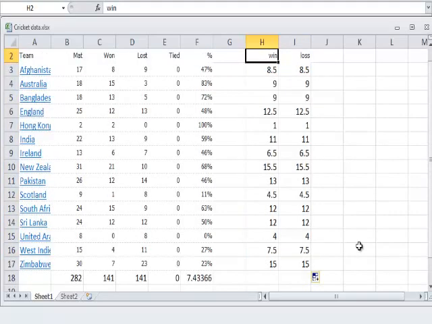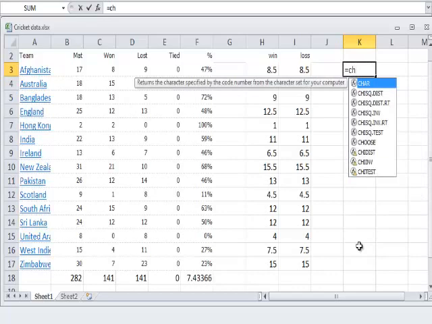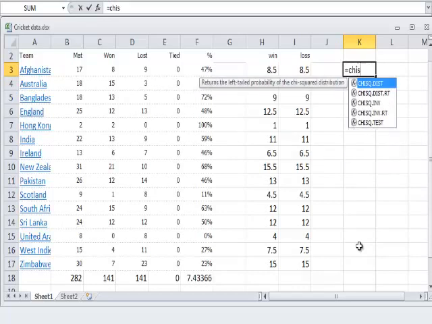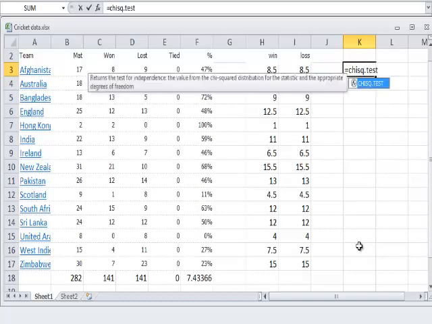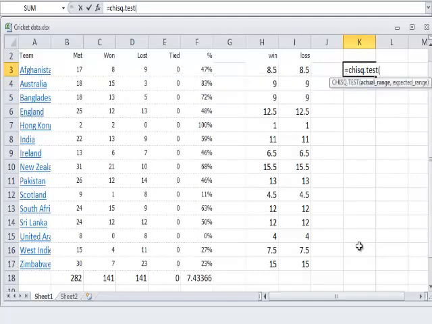And now, let's see if Excel will give me the answer. Equals ChiSquare dot test. Now in the ChiSquare test, it wants the actual range and the expected range.